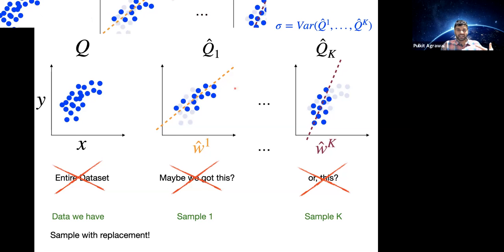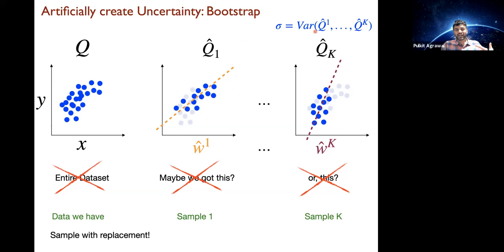So what you end up doing is measuring the variance of the estimates in these data sets that we generated by doing sampling. Does this make sense, how we are measuring the confidence of our predictors?